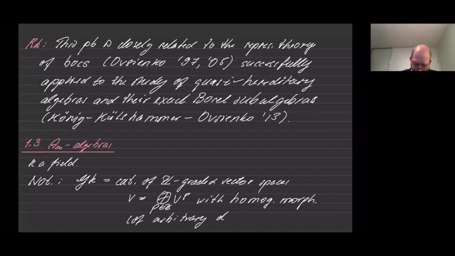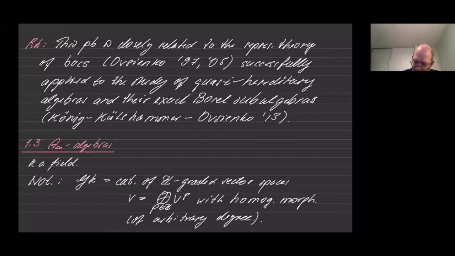This category is endowed with a canonical tensor product. The nth component of the tensor product of two graded vector spaces is the sum of V_p tensor W_q, where p plus q equals n. All tensor products without an index are over the ground field.